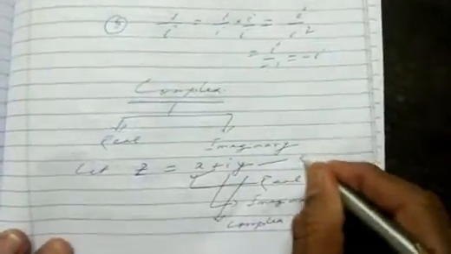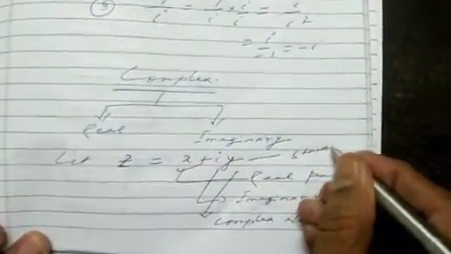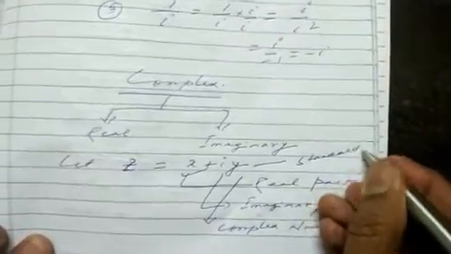So any complex number is a combination of a real part as well as an imaginary part, and this is also a standard form of the complex number.